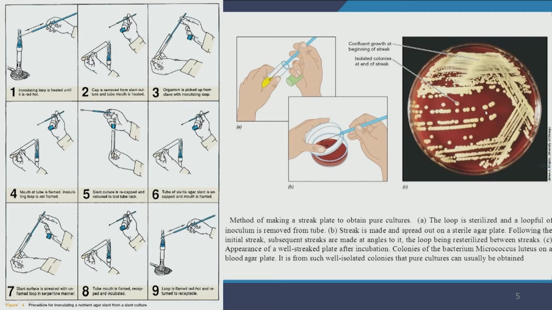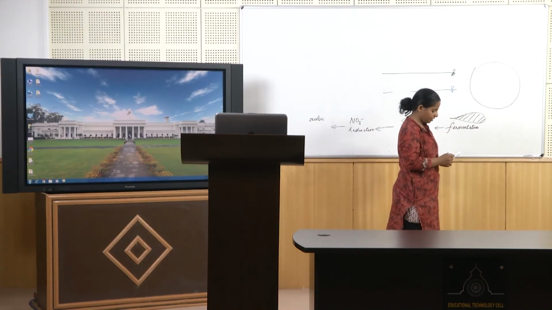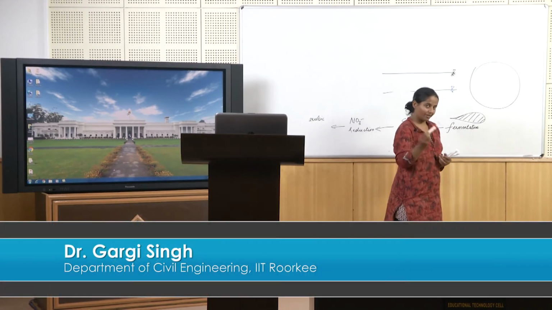And I would very quickly like to tell you one of the very simple streaking mechanisms. So let us say this is our plate, perfectly circular, and let us make this my inoculating loop.